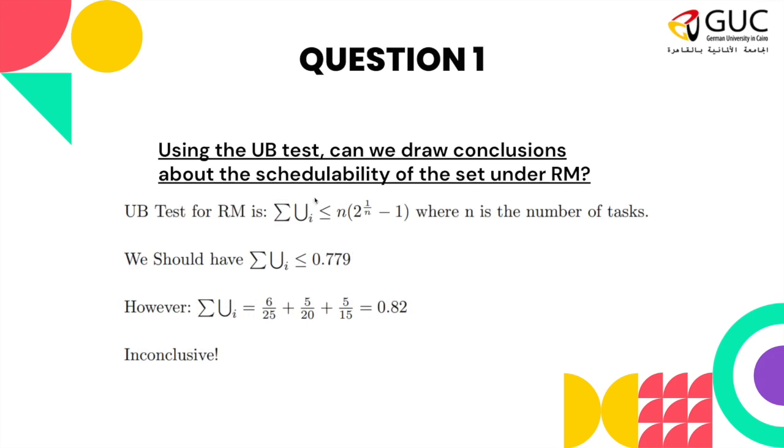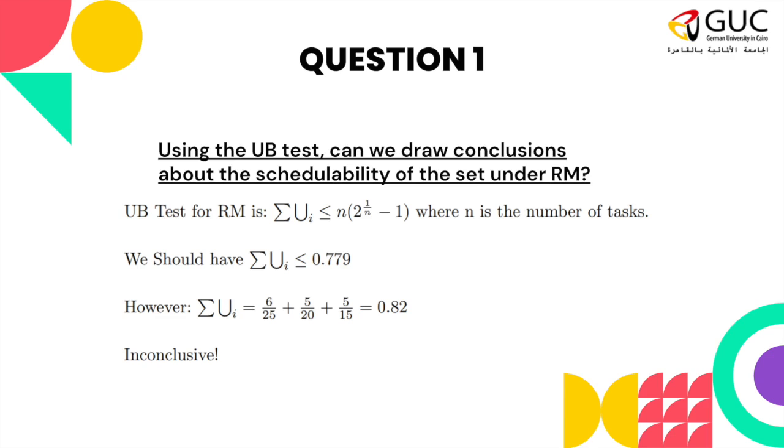This summation must be less than or equal to n multiplied by 2 to the power of 1 divided by n, minus 1. And here n denotes the number of tasks present in the system. So in our system, we have 3 tasks, A, B, and C. Therefore, n will be equal to 3.